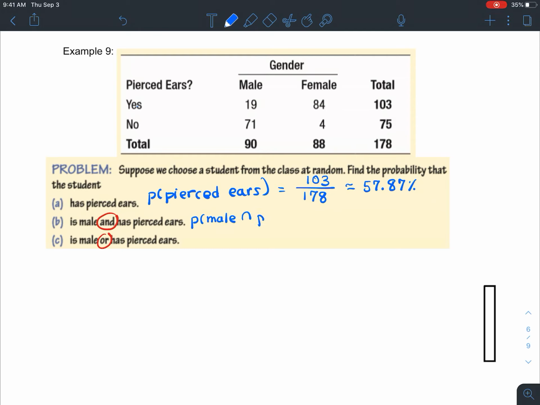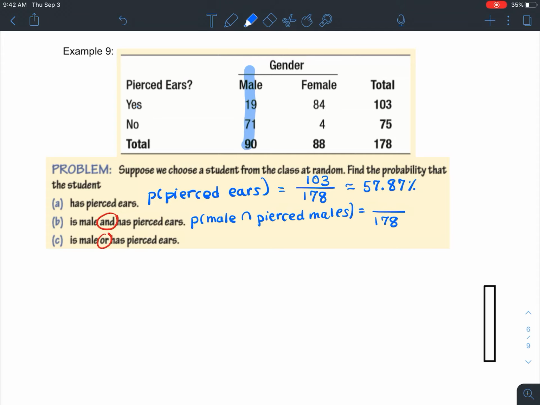Okay, now we had said up above that we don't yet have a formula for how to calculate the intersection. And that is true, but when you're given information like this in a two-way table, it is actually quite easy to find these and probabilities, okay? So I'm looking for, again, we're still talking about the full 178 students total here.